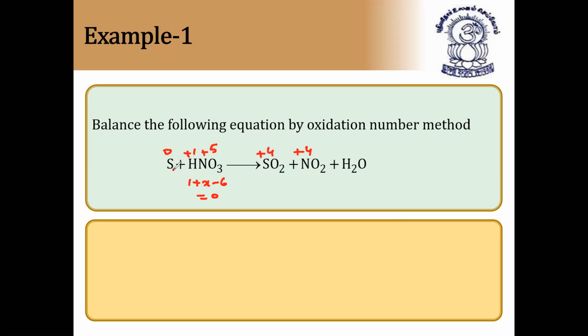So the change in oxidation numbers is sulfur changing from 0 to +4 state, and nitrogen from +5 to +4 state. So this is a decrease in oxidation number, and this is an increase in oxidation number.